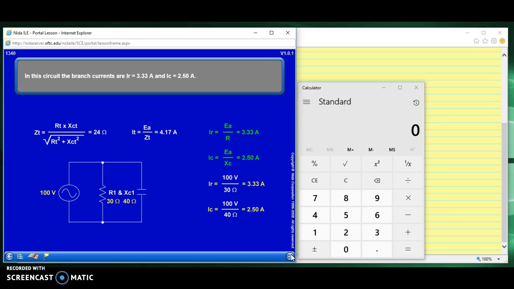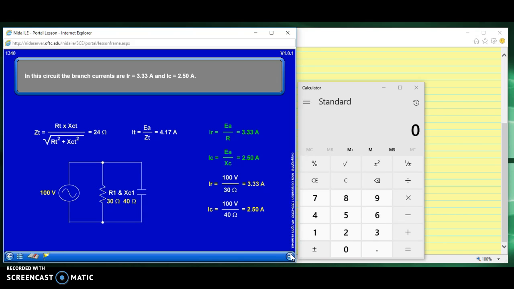Remember, they're 90 degrees different, so we're going to have two values that when summed will add together to be greater than the total current value. So taking a look there, E of A divided by R, E of A being 100 volts divided by 30, gives us 3.33 amps. E of A divided by X of C, being 40, would give us 2.5.